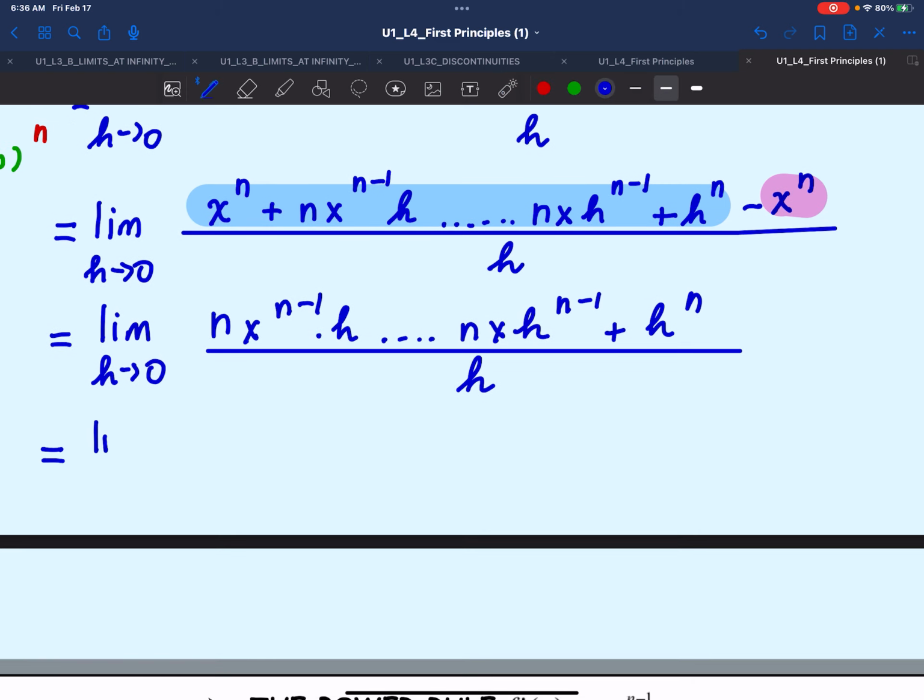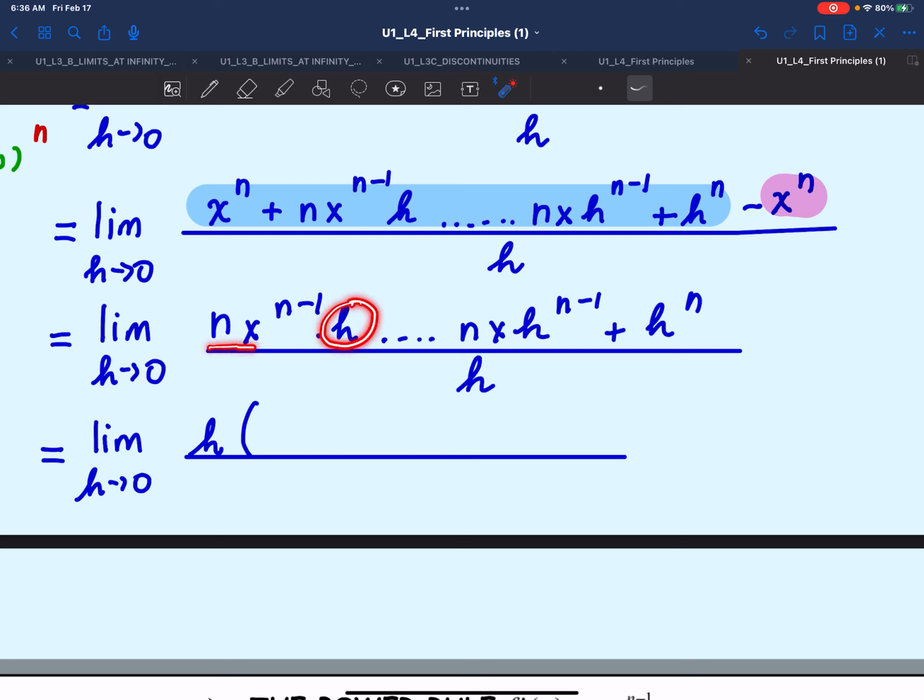So we'll write the limit as h approaches 0 of the long fraction one more time. We'll take out h, and then we'll write the rest of the terms in the numerator. So if h is out, then we're left with n x to the power of n minus 1. And then the next term, which we said will contain h squared, will still have some h in it. So I will just continue with dots here, acknowledging and remembering that all these terms in here will have an h as a factor.